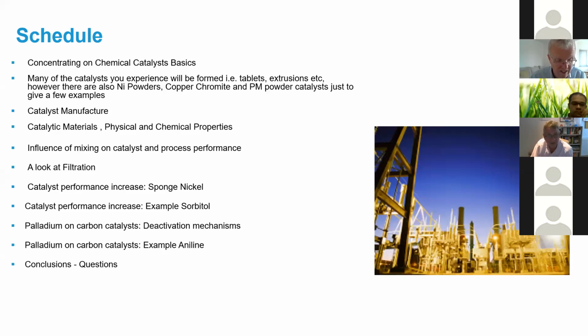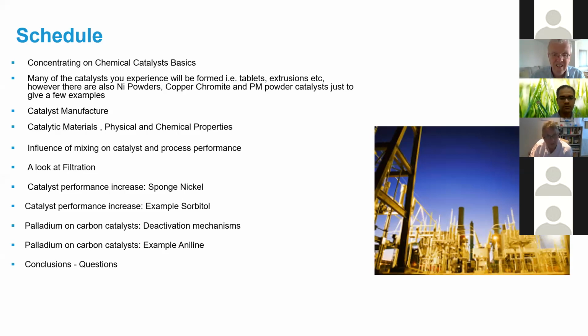So we're going to talk about pretty basic chemical catalyst reactions here. Many of the catalysts that you come across in your chemical reactions are formed catalysts, like Chris mentioned, but there is a whole world of nickel powders, even copper chromites and precious metal powder catalysts.